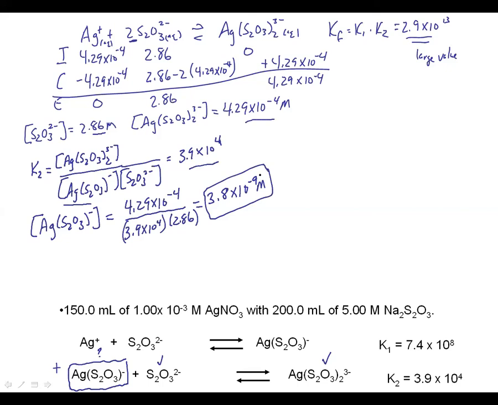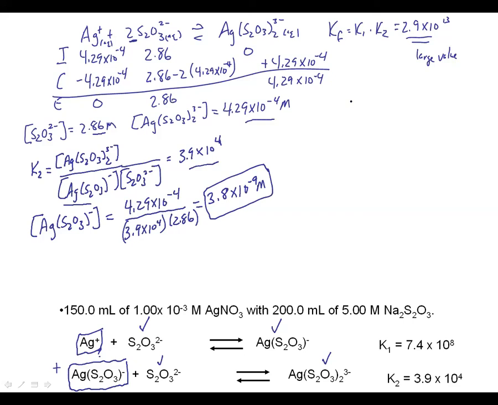And now, again, if you want, you can then move to the K1 equation, because we now have just solved for this, and we still know this. So we can now solve for the silver concentration. So I'll do that as well.